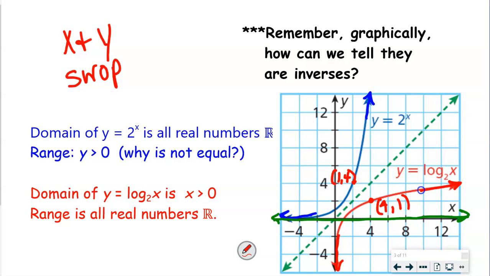So that means the range on this one is going to be all real numbers. And the domain this time is going to be x is greater than 0, because this time the asymptote is going to be this line, okay? So it's going to be to the right of that the whole time.